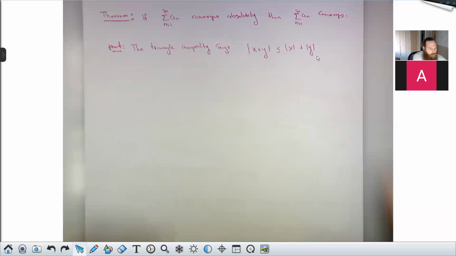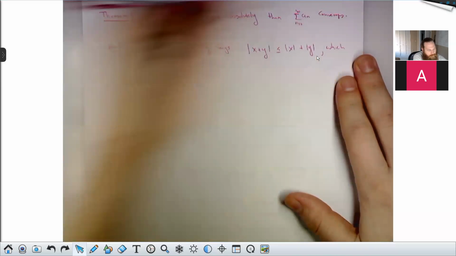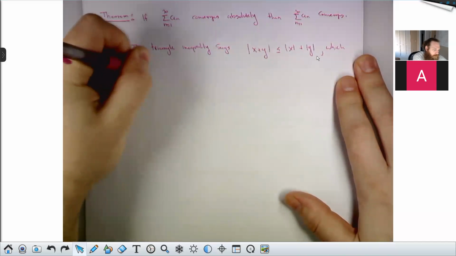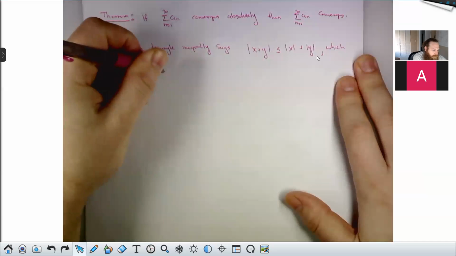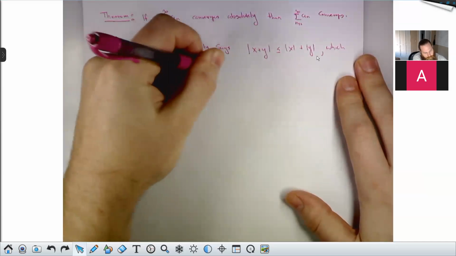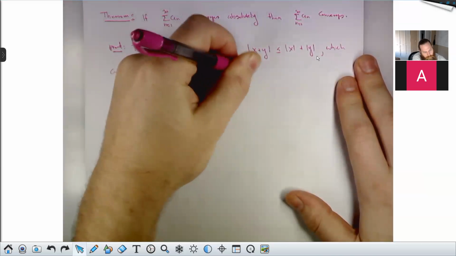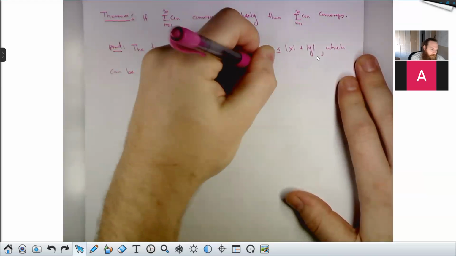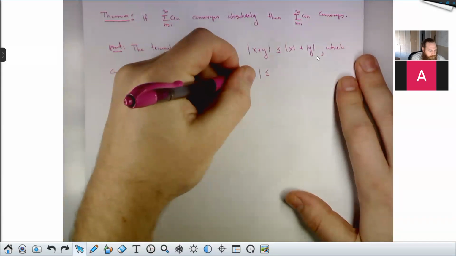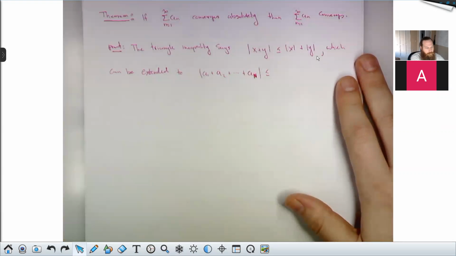This can be extended to the triangle inequality for n terms. I'll write it with a capital N here, why not? That way we can see the connection to partial sums.